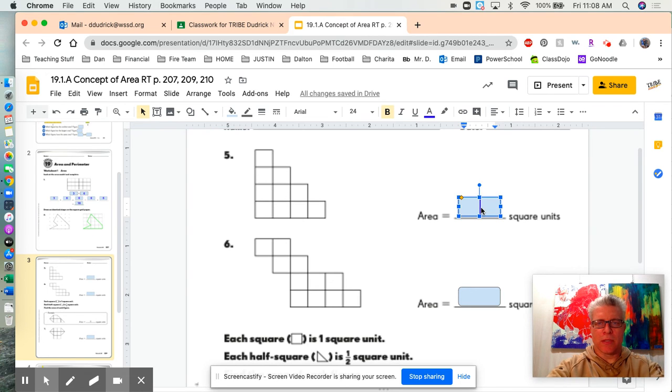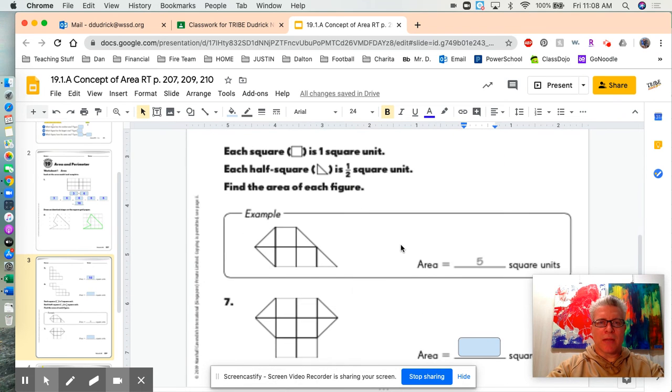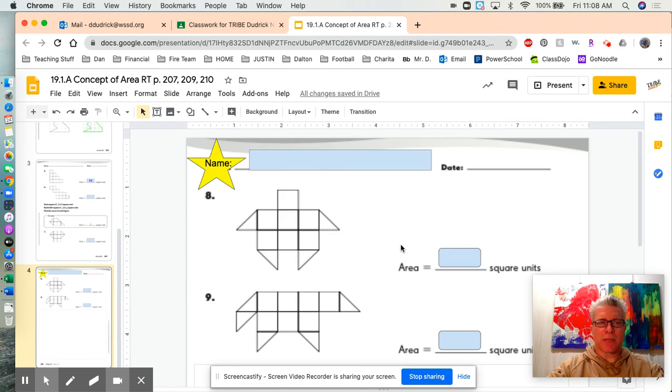Enter your answer, etc. Then when we come down to our next page, any of these assignments where you see the star with your name is going to kind of be a mini little show off where I'm going to look specifically at this page to see that if your answer is accurate, it tells me that you were able to count the whole square units as well as the half units.